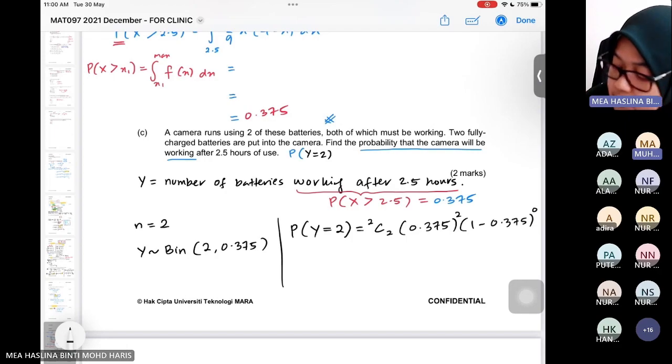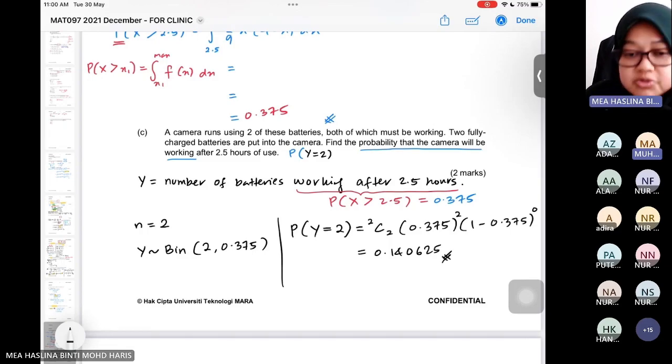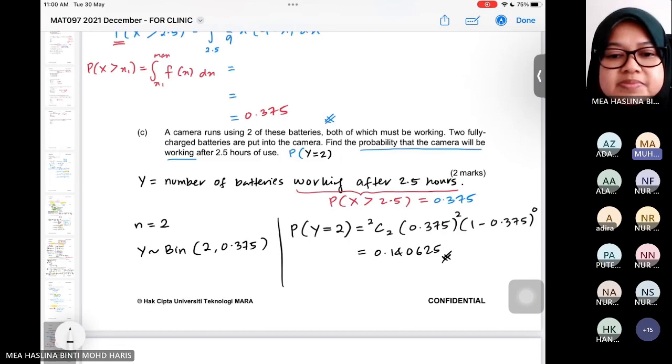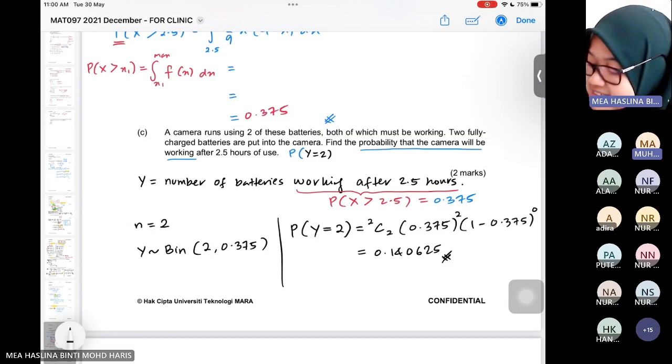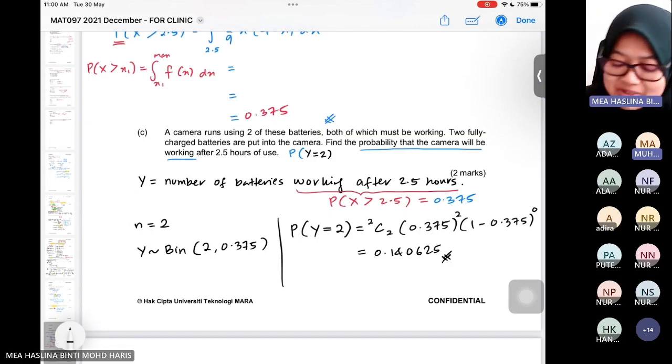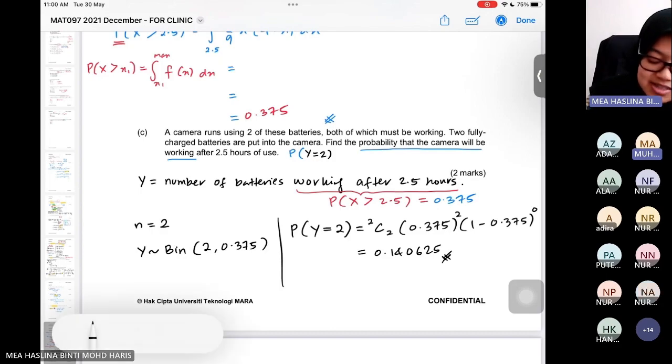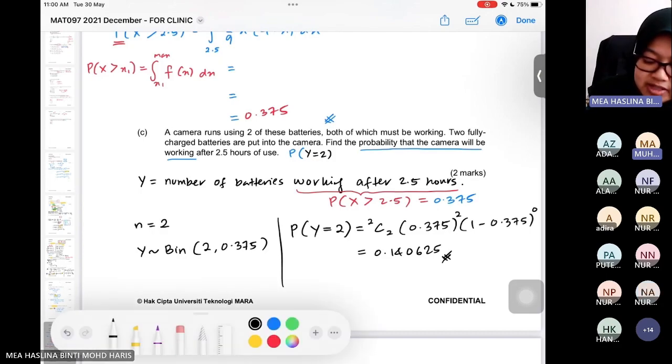So you will have 0.140625. Do you do the same way? No? How do you do it then? Directly random. Oh, okay. So that's why it is important for you to define your random variable too.